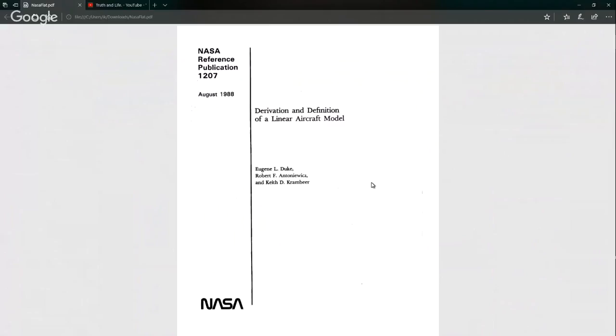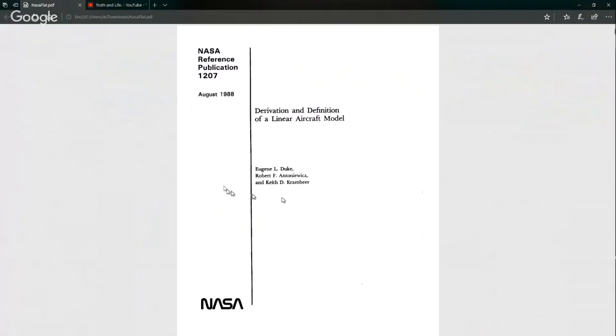Well, it started with this report from NASA. I downloaded this from a special NASA site, but also to be seen for the public, if you only know where to look.